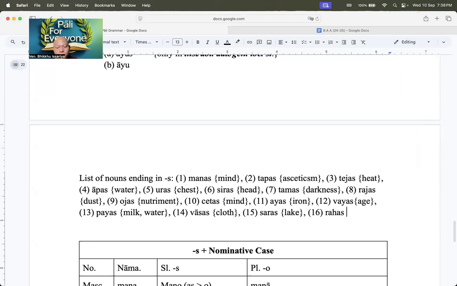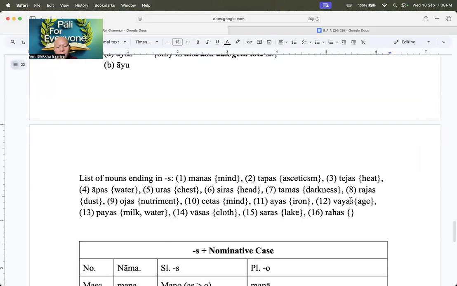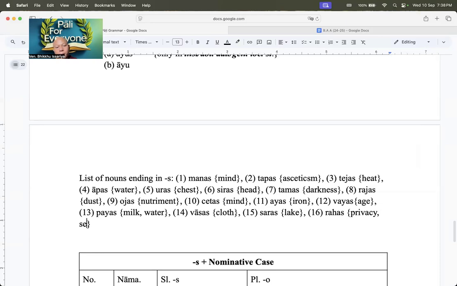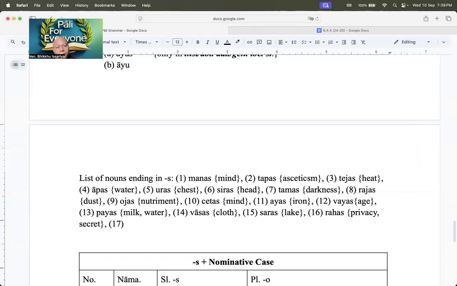Rahas, privacy, secret. So privacy, secret place. And then 17 is yasas, fame.